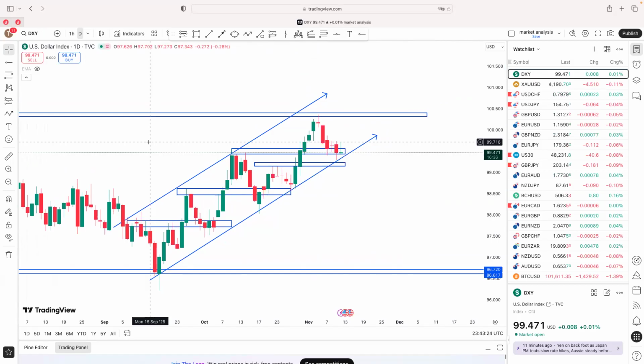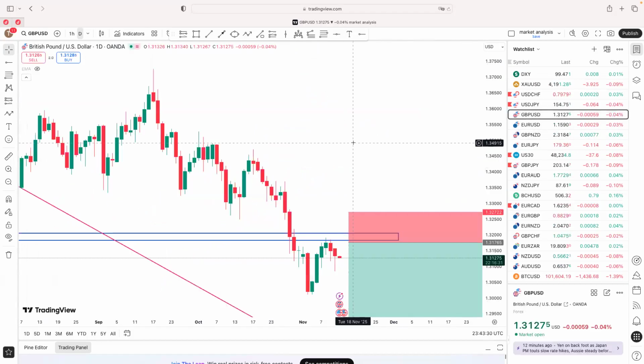I want them to continue to go up. When they go up, the dollar gains momentum. What happens to the GU? Because the USD is the quote. This is the base and the quote. It has to go down. So let's look for some selling opportunity on GBPUSD.